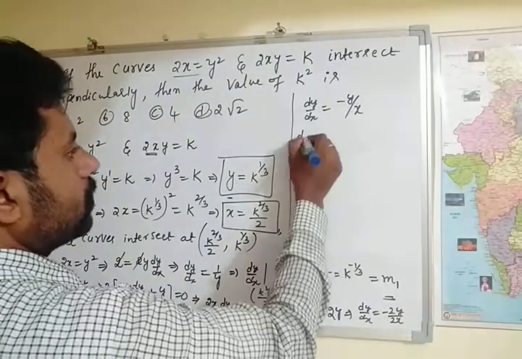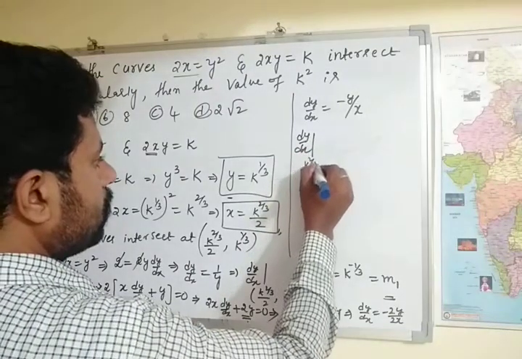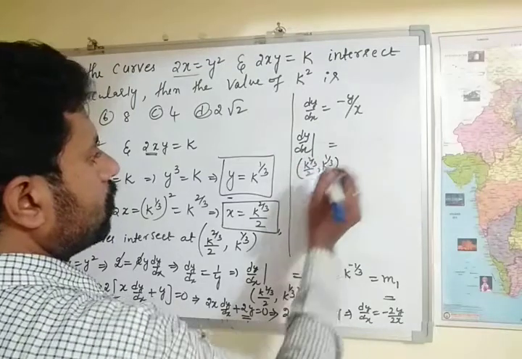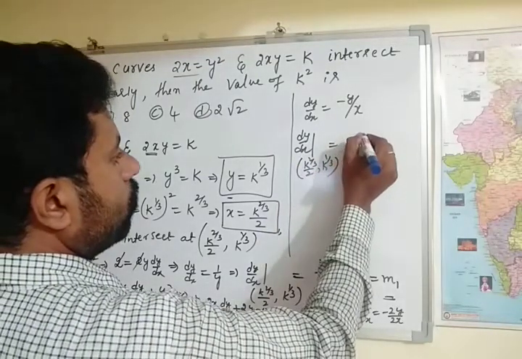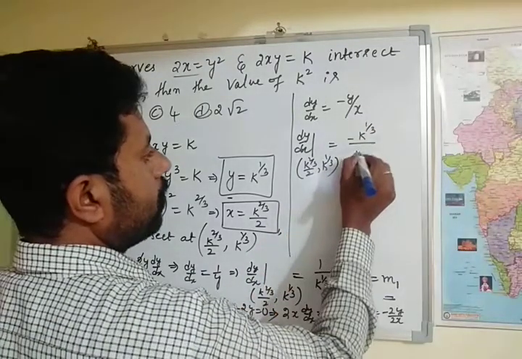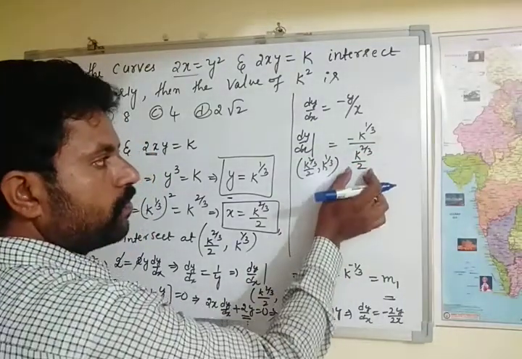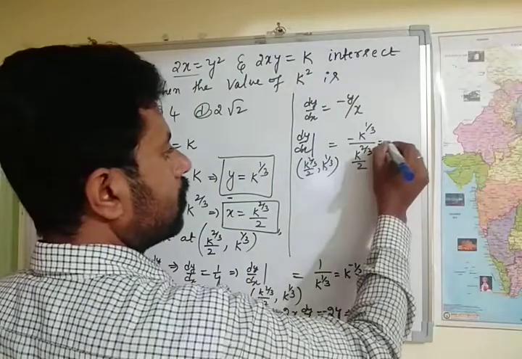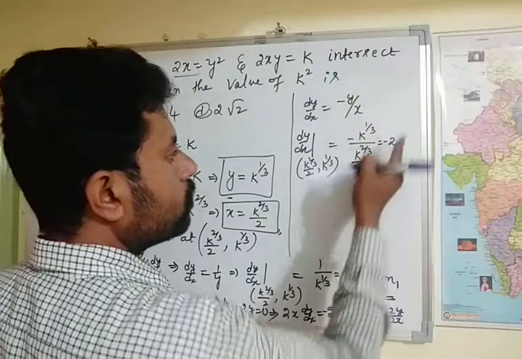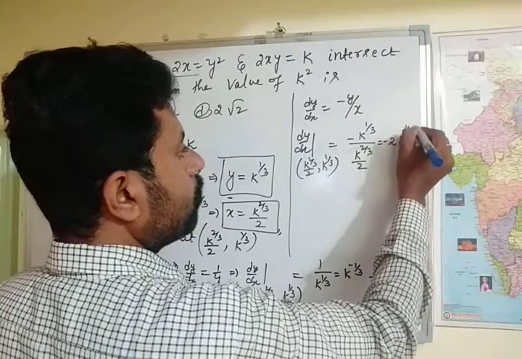At the point k to the power 2 by 3 divided by 2 comma k to the power 1 by 3, dy by dx is: y value is k to the power 1 by 3, divided by the x term, which is k to the power 2 by 3 divided by 2. Next, in 1 by 2 notation form, getting the numerator term result. See here, minus 2 into k to the power 1 by 3, and k to the power 2 by 3 transposed to the numerator, we get the power negative: k to the power 1 by 3 minus 2 by 3.